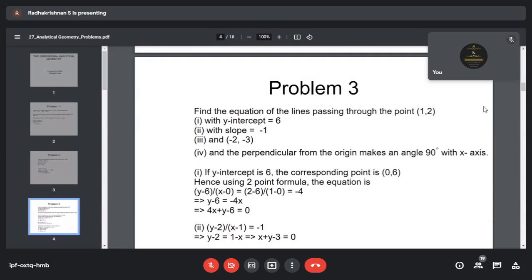Third part. It is 2 points. 2 points are given. It passes through (1,2) and (-2,-3). So what is the equation of that line? So இப்பதான் நம்ம பார்த்தோம், same formula we have to apply.